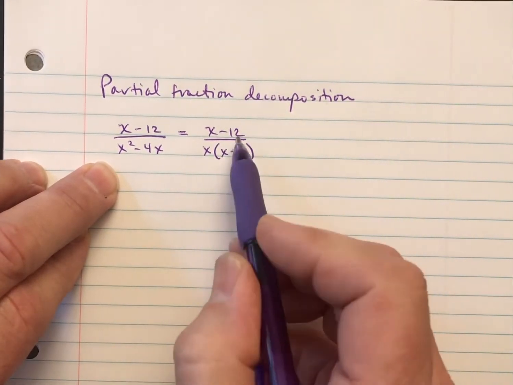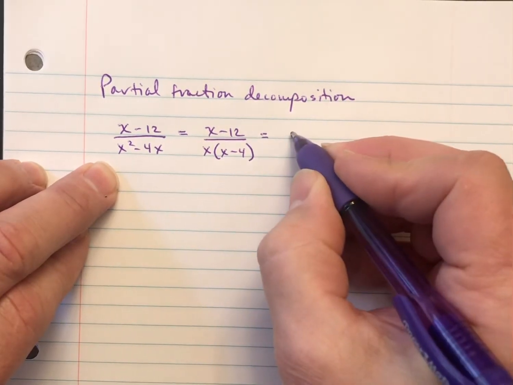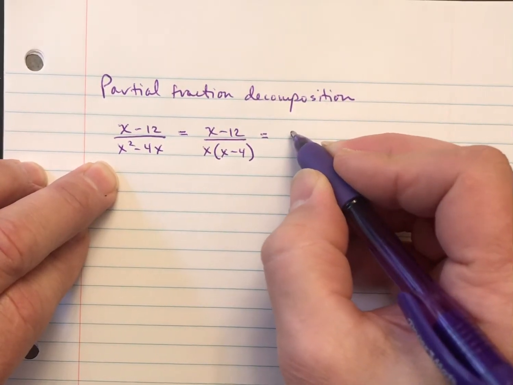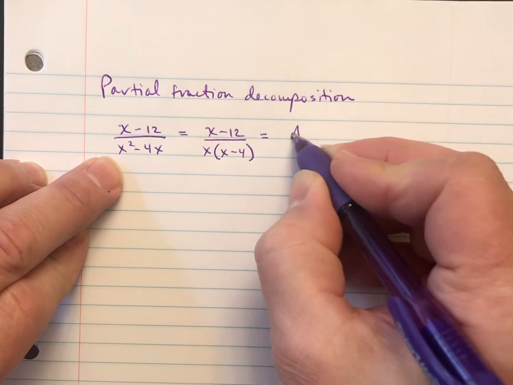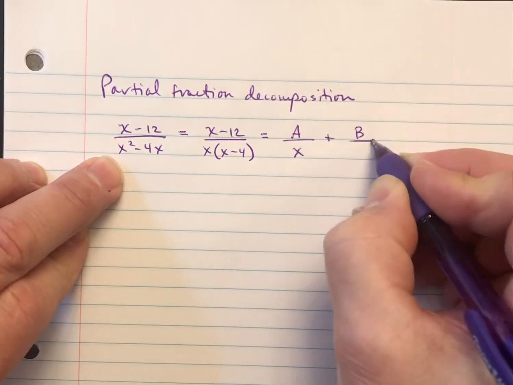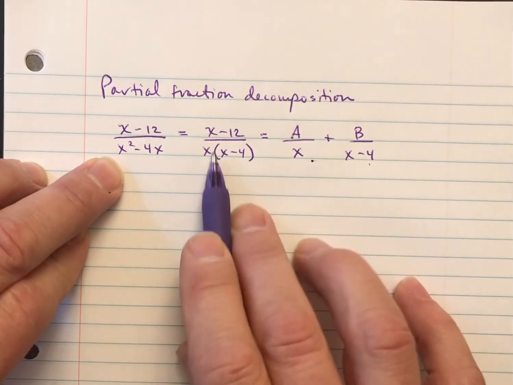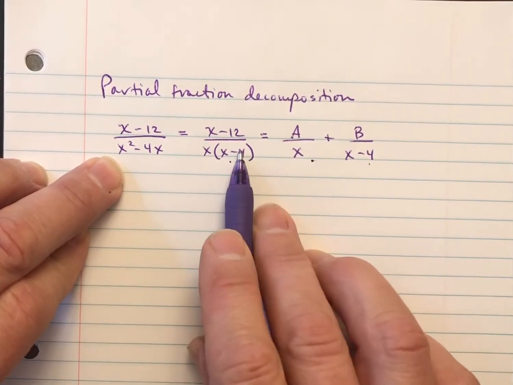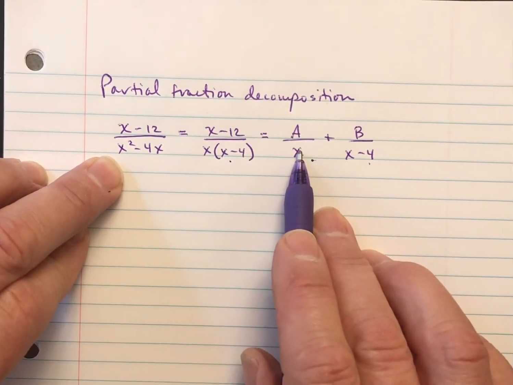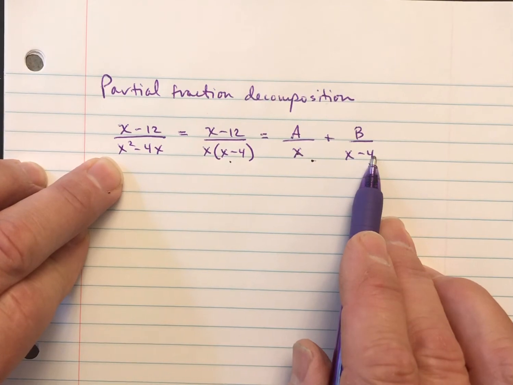And so this fraction actually comes from adding two fractions. It comes from something I'm going to call a over x and b over x minus 4. So when you add these together and get a common denominator, the original denominator must have been an x, and this must have been an x minus 4.